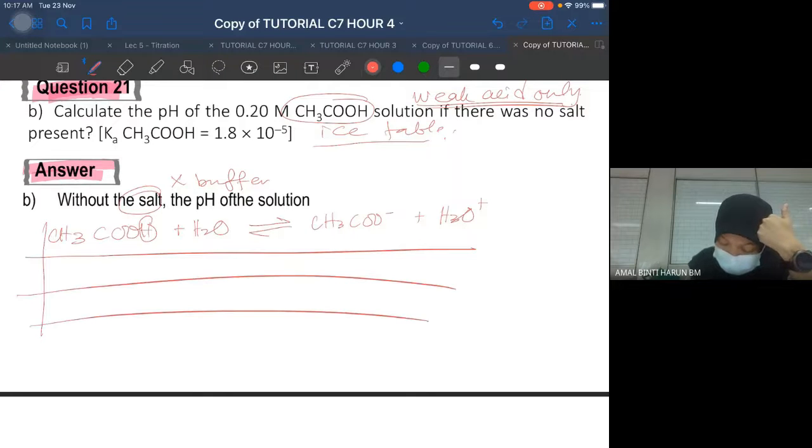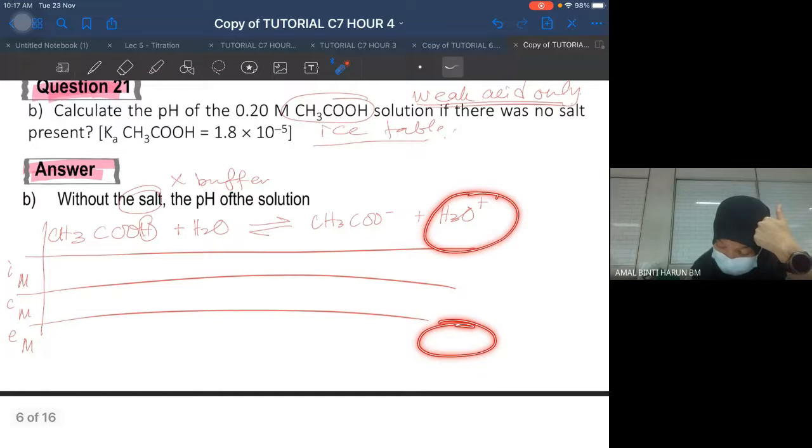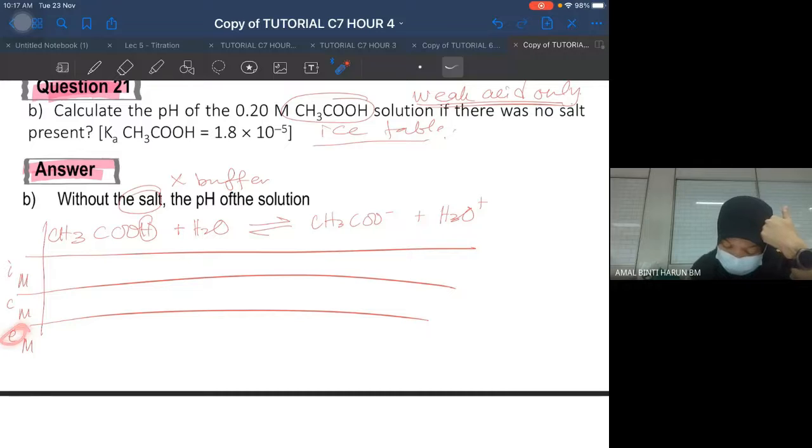So kalau you tak nak buat H2O pun tak ada masalah. So you just buat, dia akan menghasilkan an ion dan H plus. Doesn't matter. So it is initial molarity, change in molarity, equilibrium molarity. So yang kita nak masukkan dalam pH ni adalah concentration of the hydronium ion at equilibrium. Right.